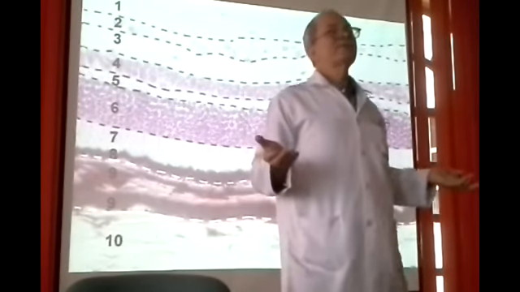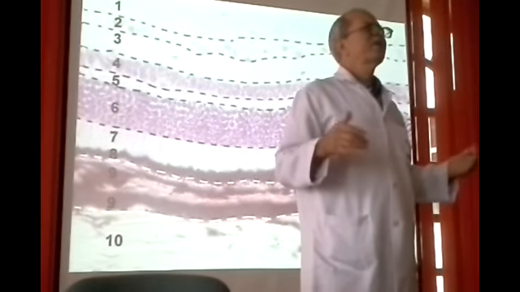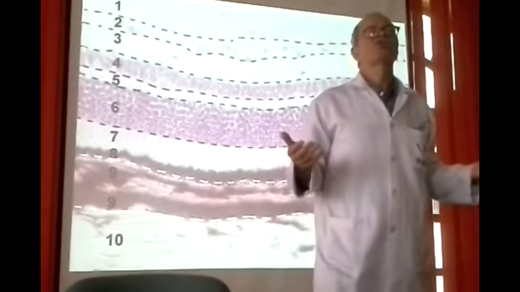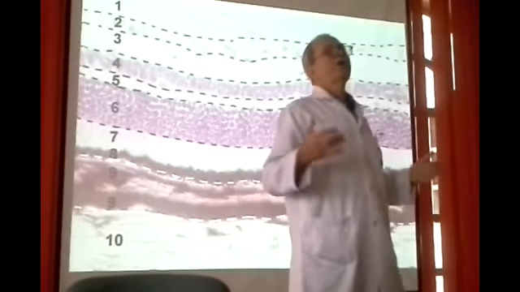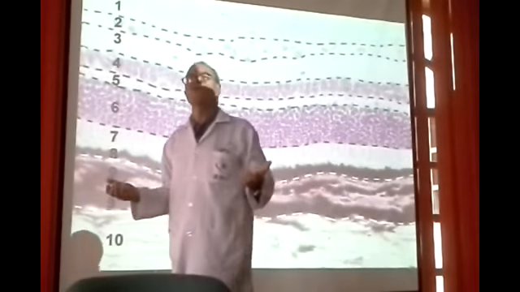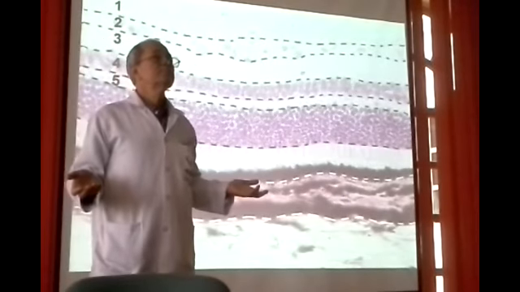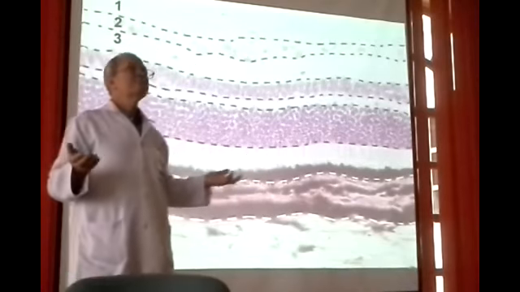Site of cell junction, in between the supporting cells and the rod and cone cells. What is the supporting cell? The Müller cell. Where can you find the nucleus of the Müller cell? In the inner nuclear layer.